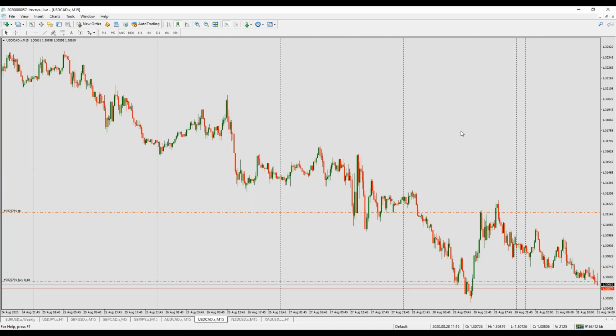So what we can see here is the US dollar and the Canadian in this 15-minute chart. Above, the price made a very nice rally from that level, approximately where I put this line. Then the price compressed down in what seems like a powerless momentum.